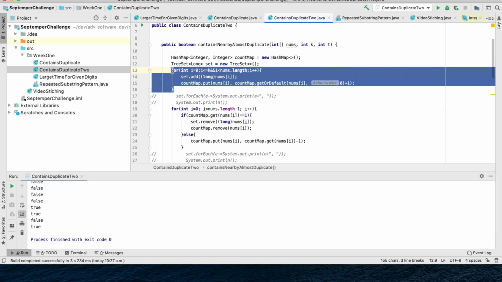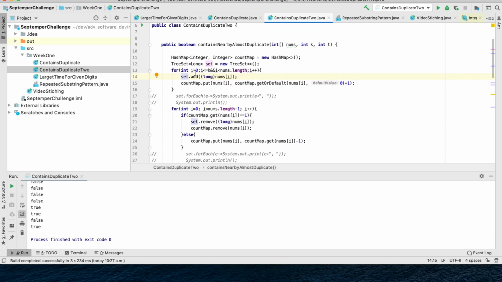First I am initializing the hash map and tree set. I am inserting the first k elements of my array into my tree set and hash map, and adding the count in the hash map.